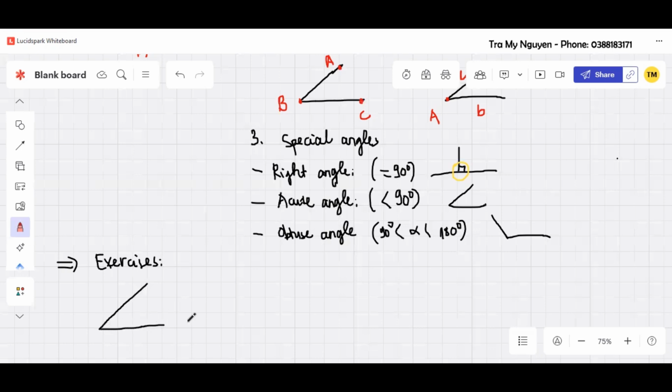The first angle here, the second angle here, and the third angle. So we have three different angles.